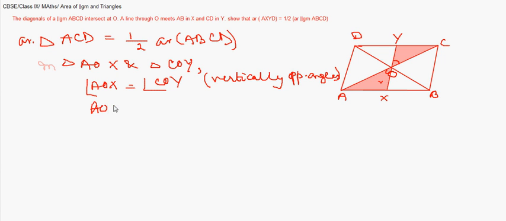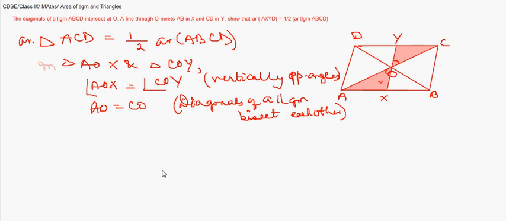AO is equal to CO. Why? The diagonals of a parallelogram bisect each other, so O is the midpoint of AC.